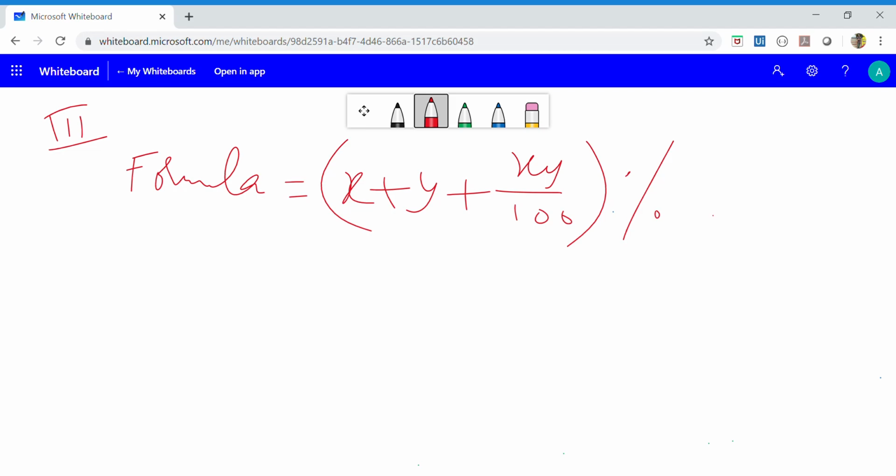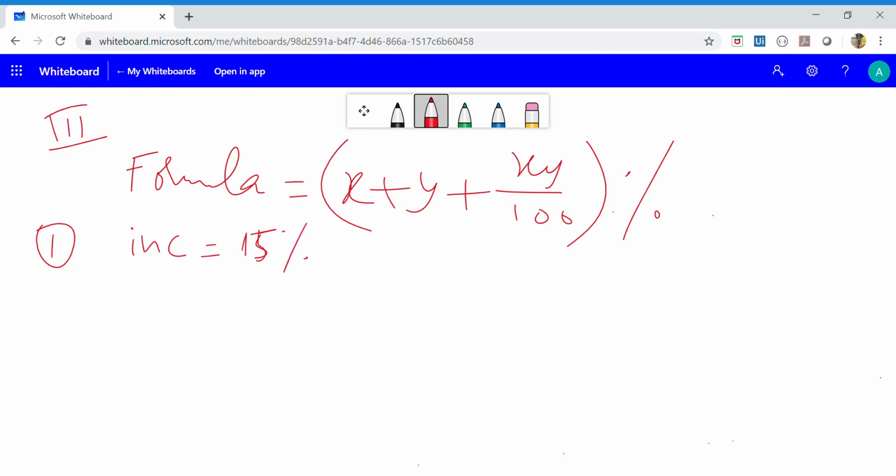For this also I'll give some examples. In the first example, a shopkeeper marks the price 15% higher than the original price. Higher than means what? Increased value. Increased by how much percent? 15%.